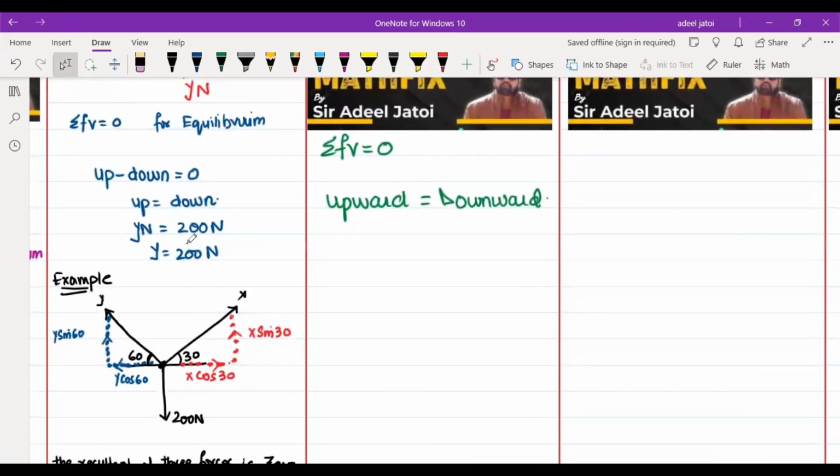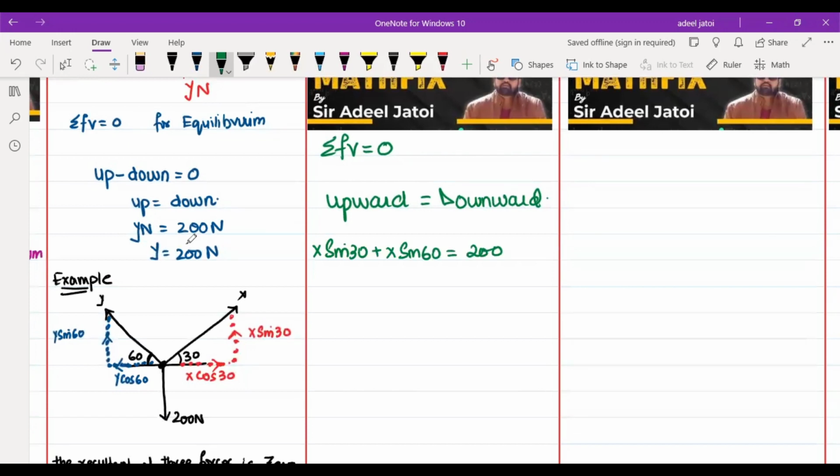The upward force that we have here is x sine 30 plus x sine 60, which is equal to what?